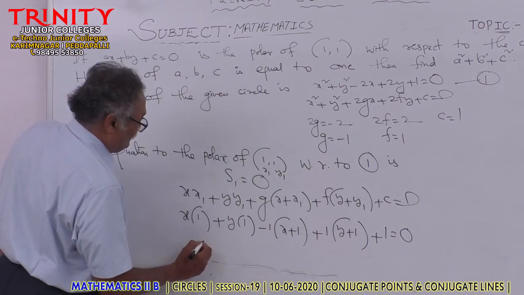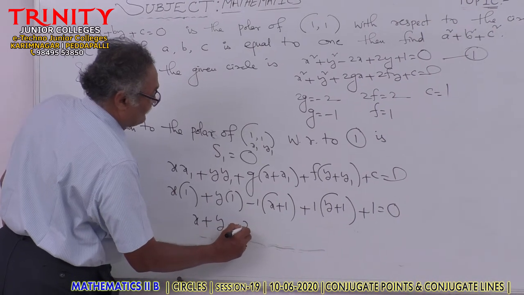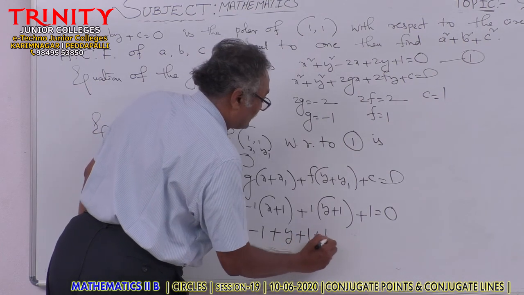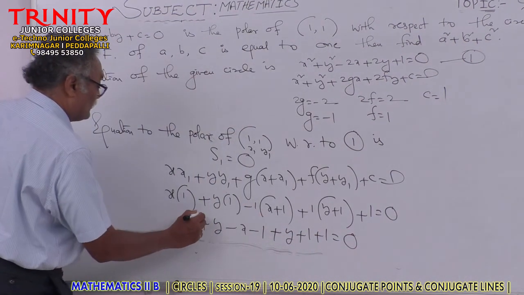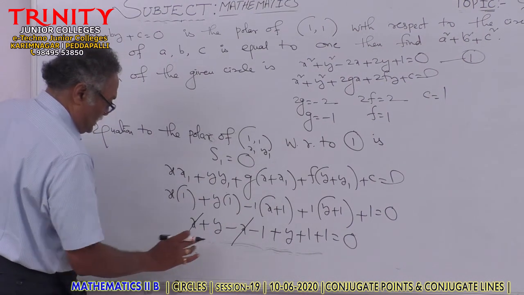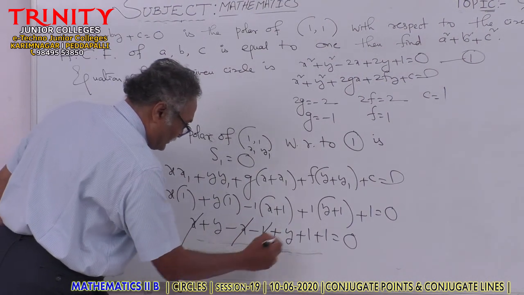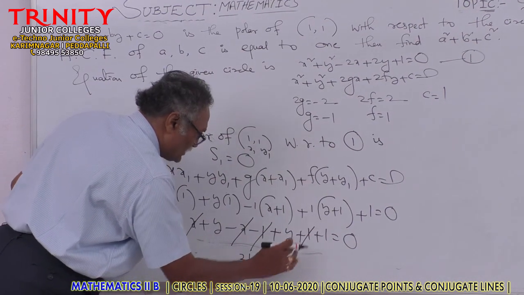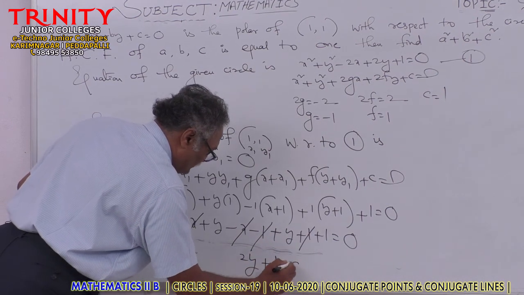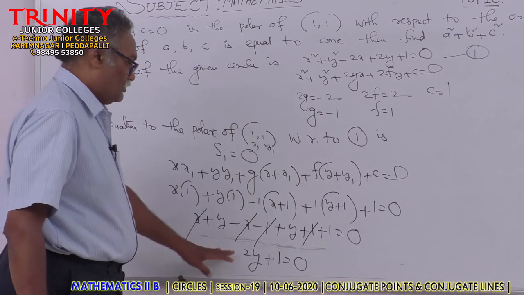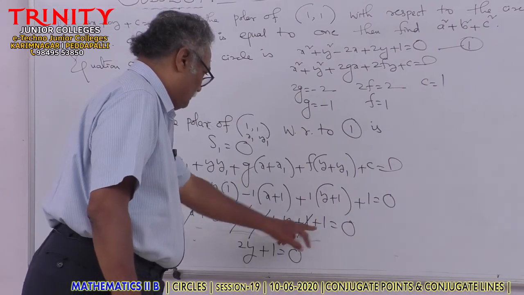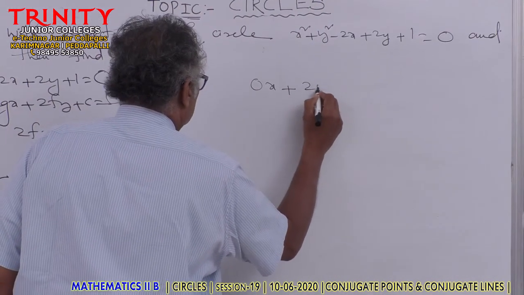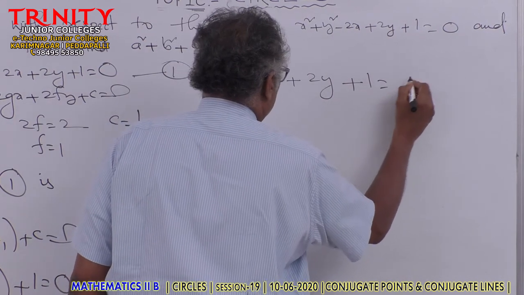Here x plus y minus x minus 1 plus y plus 1 plus 1 equals to 0. Right? Here y plus y, 2y, plus 1 equals to 0. So 0x plus 2y plus 1 is equal to 0.